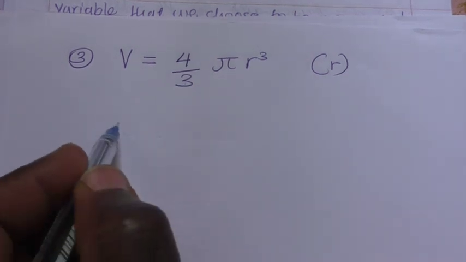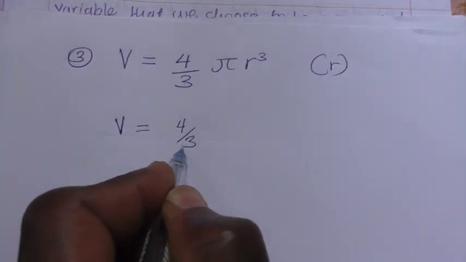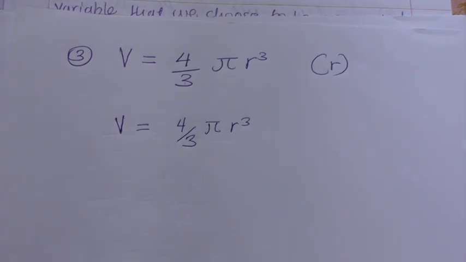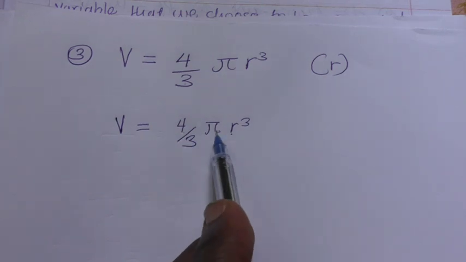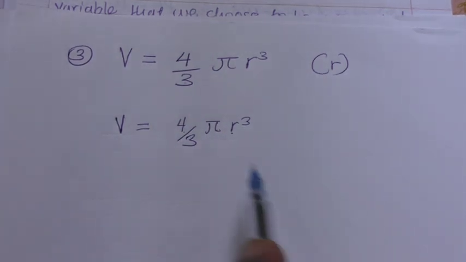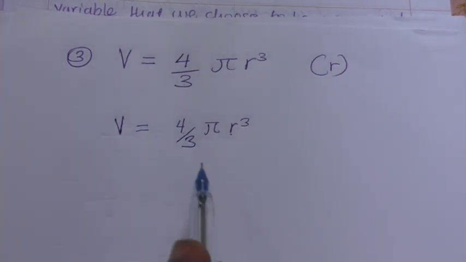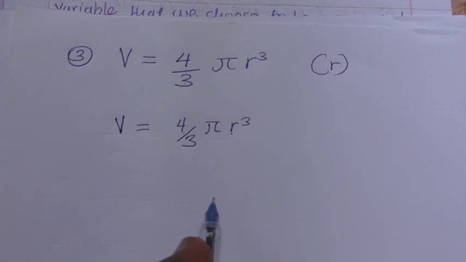So V equals 4 over 3 pi r cubed. Since we want to make r the subject, our first task is to take these to the other side. So let us start with the fraction. If we want to take the fraction to the other side, we shall simply multiply both sides by its reciprocal.